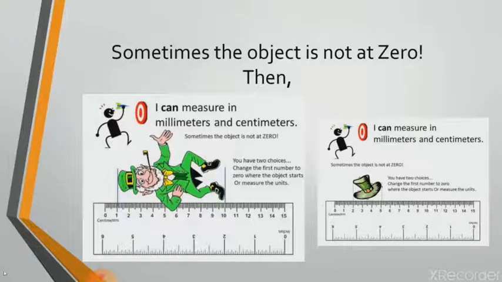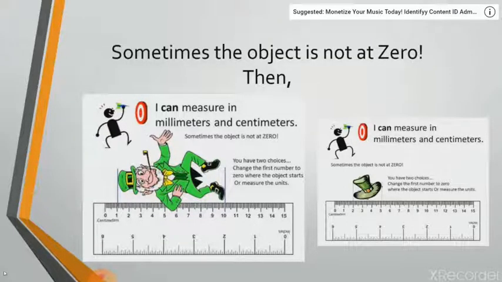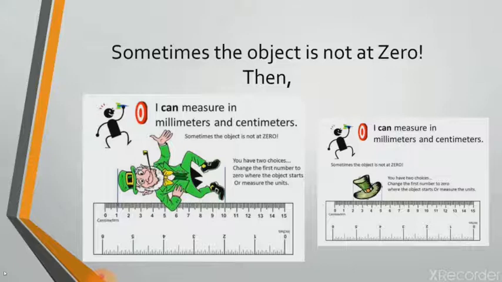Sometimes the object is not at 0. We can see here the joker started with 1 and in the second figure the object started from 2.